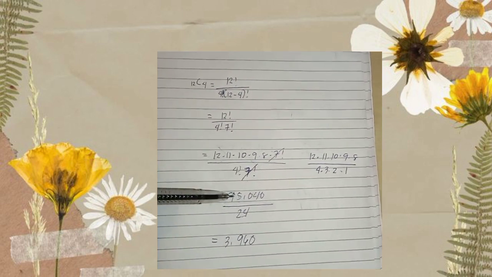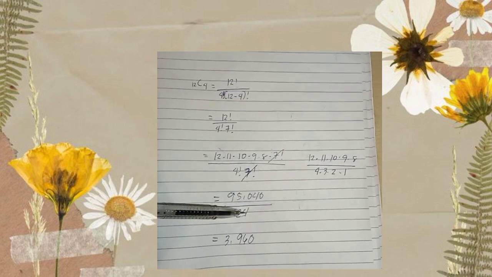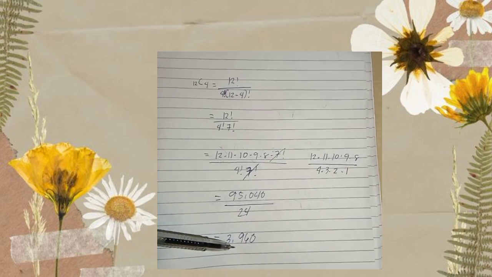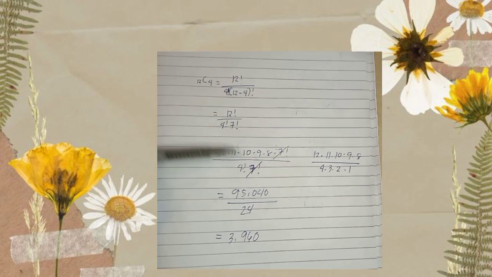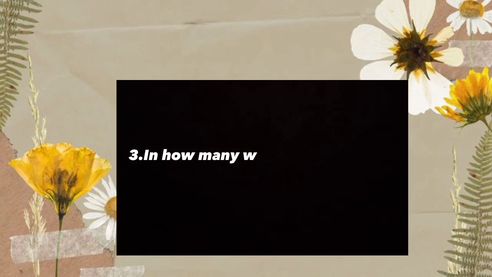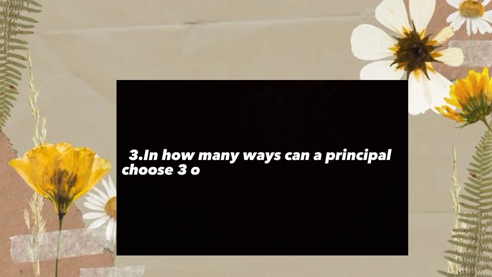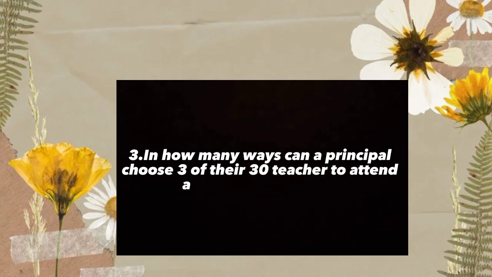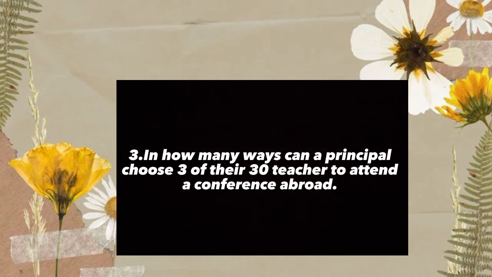Then divide 11,880 by 24, which is equal to 495.